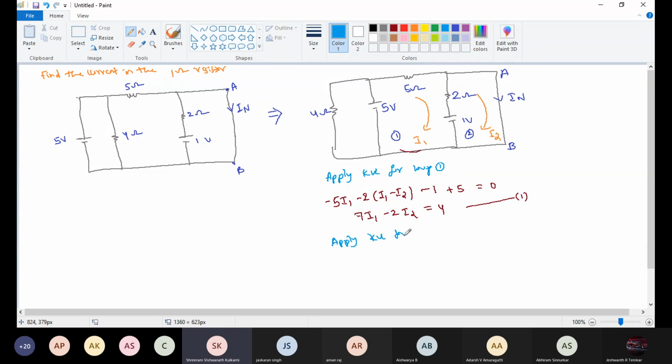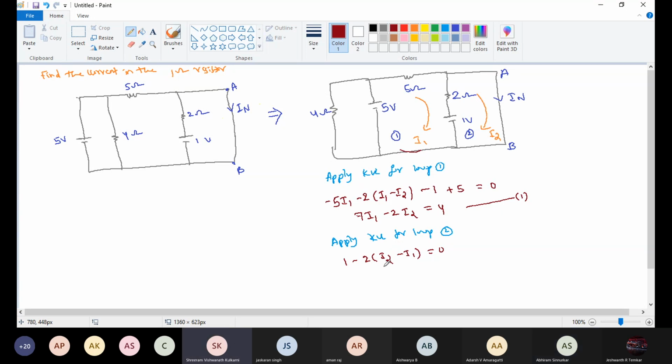Apply KVL for loop 2. 1 minus 2 I2 minus 2 (I2 minus I1) equals 0.